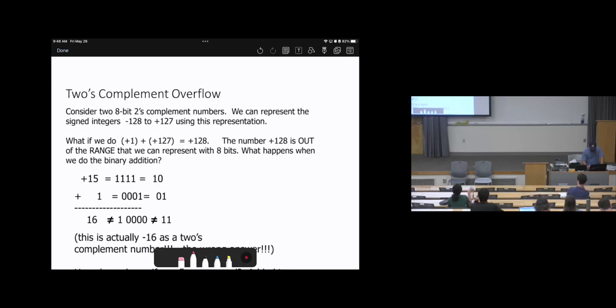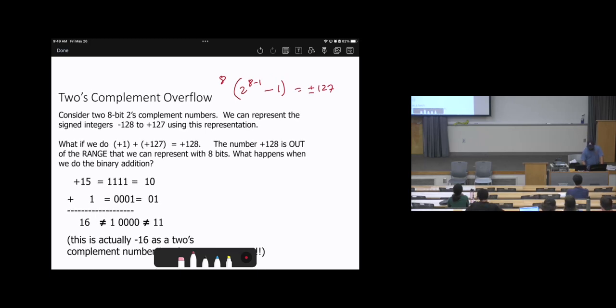For example, when we have 8 bits representation, 2 power 8 minus 1, then minus 1, this will be plus minus 127, right? So my system can handle only between plus minus 127 if I have 8 bits.